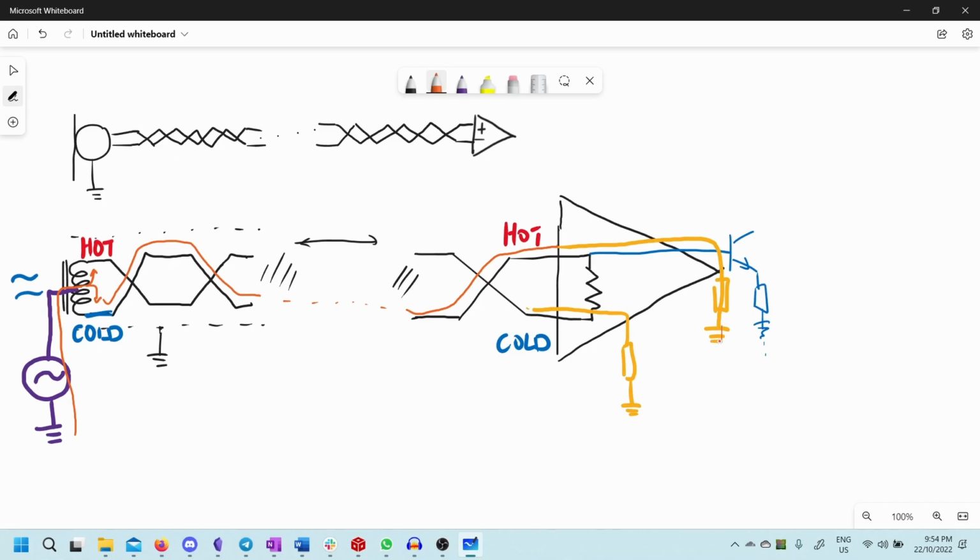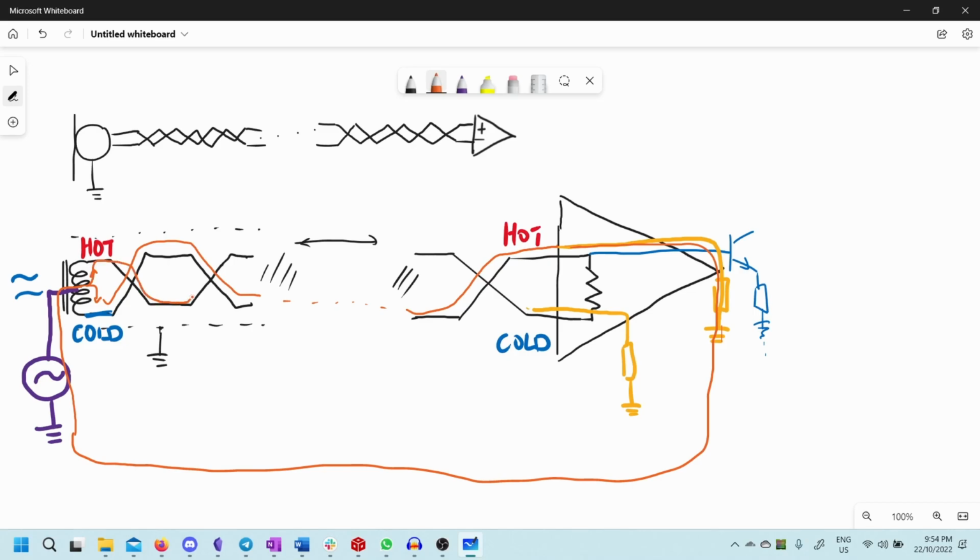And since ground is the same everywhere, well, for this discussion it is anyway, the current can take this path over here and go back over here, right? Same thing happens on the hot branch.